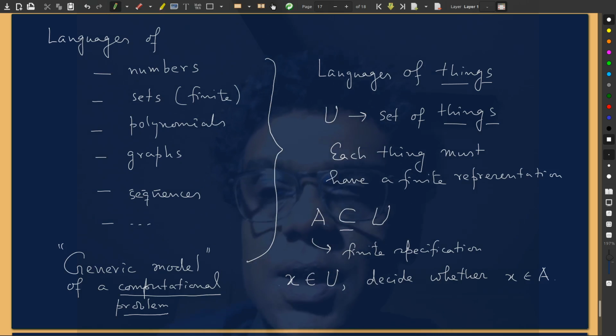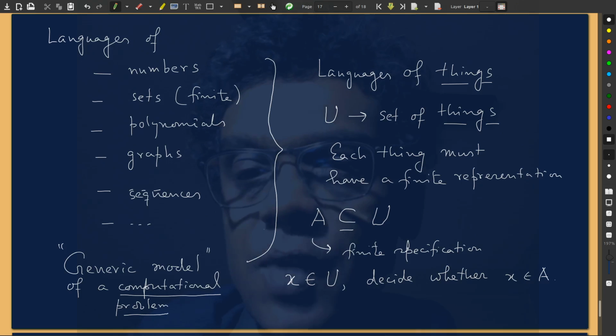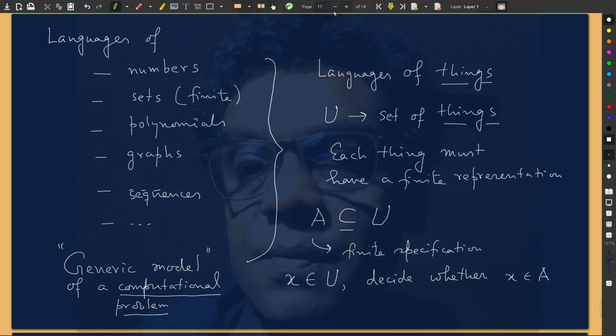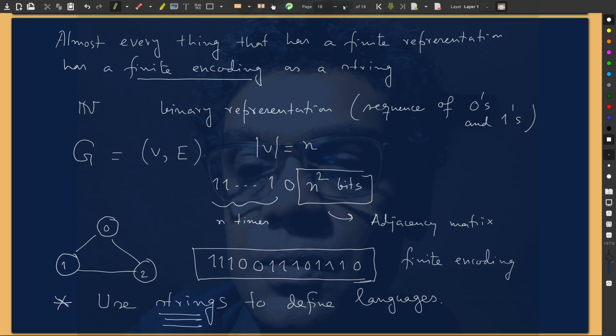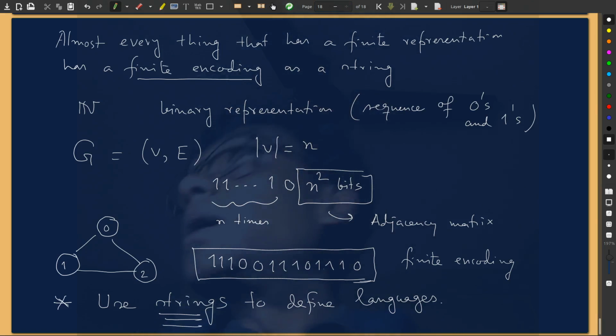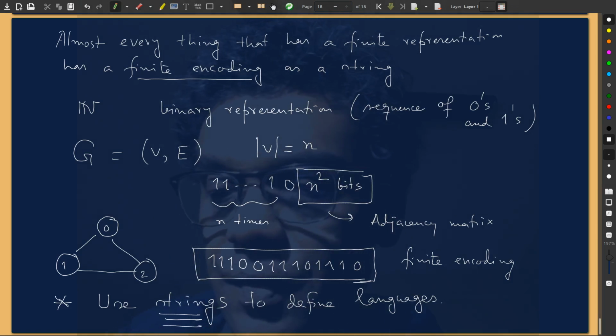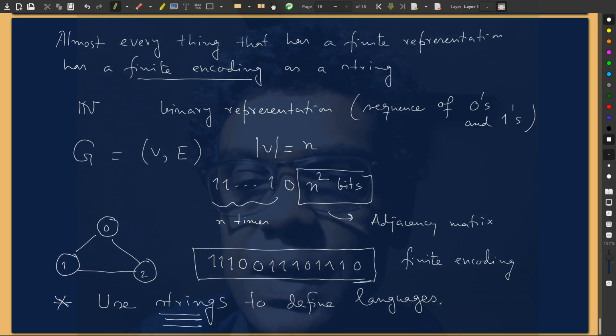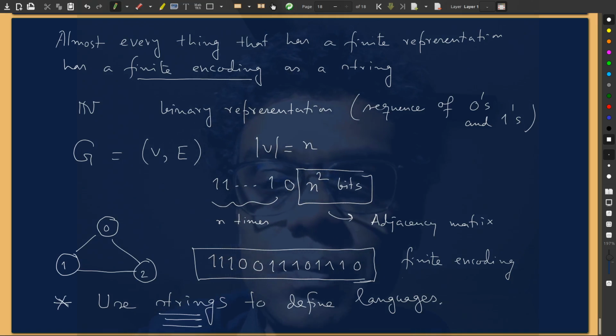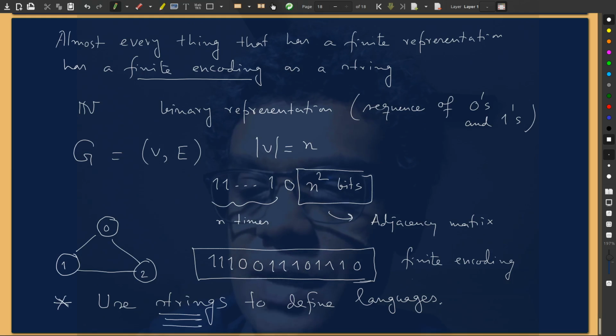Therefore, what we are going to do in the next class is something good enough for defining languages and computation problems, although they may initially seem a little bit contrived.